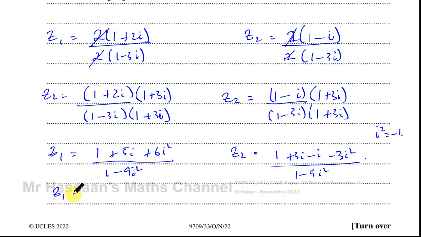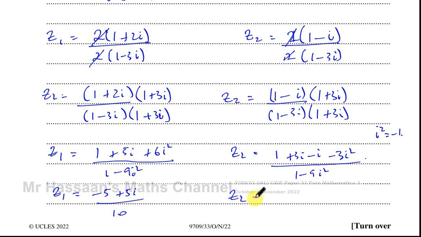So our first solution, z1, is going to be 1 minus 6, which is minus 5, plus 5i, over, remember, i squared is minus 1, so it's going to be 1 plus 9, which is 10.